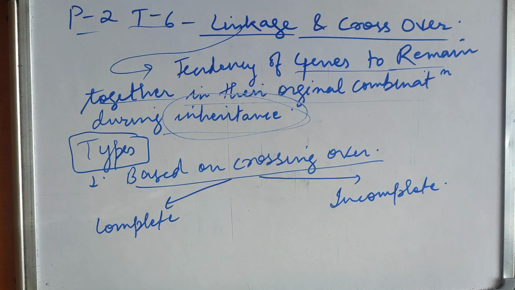In complete linkage, there is complete absence of crossing over, and so complete absence of recombinant types. Here crossing over doesn't occur.